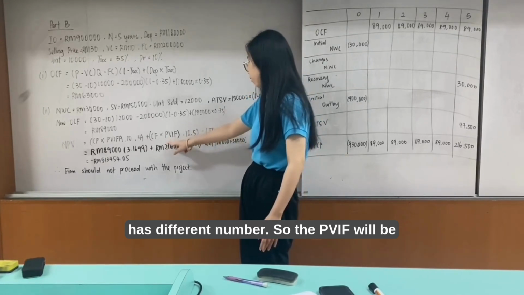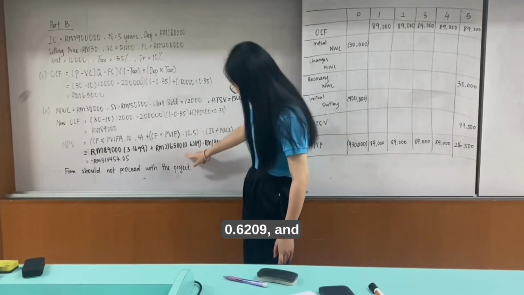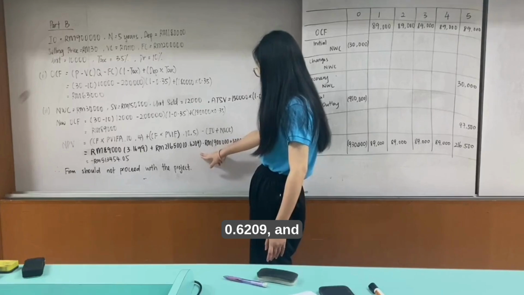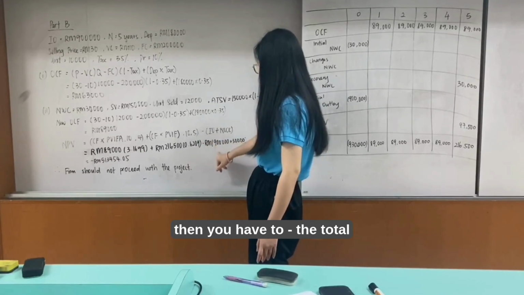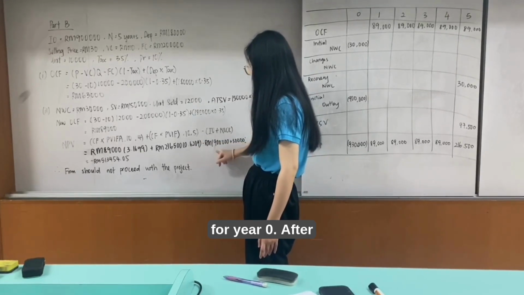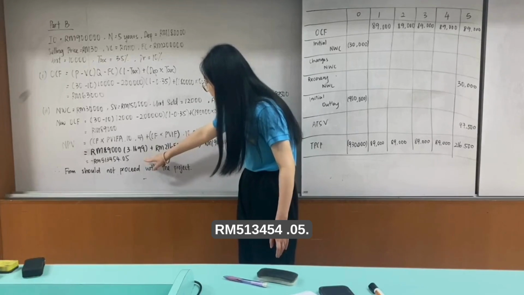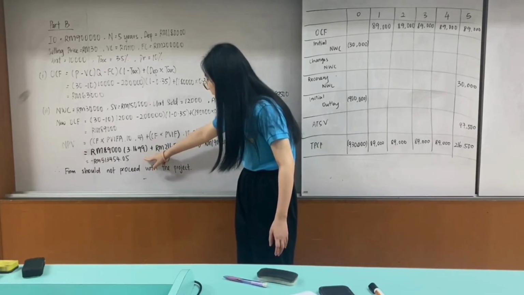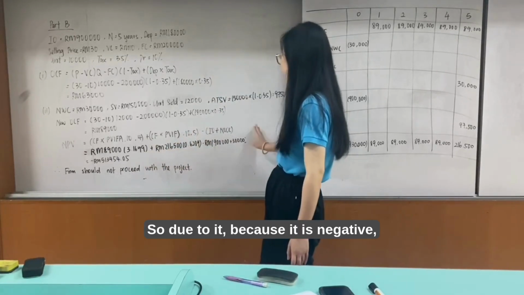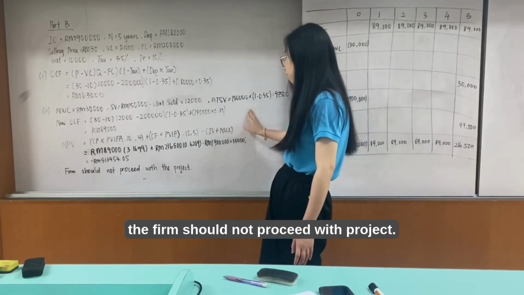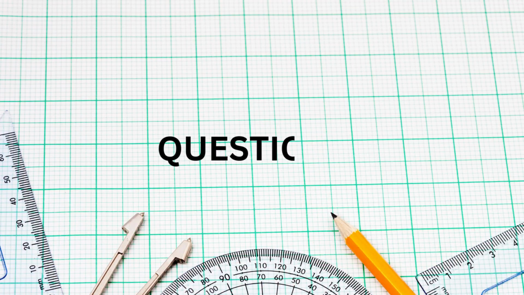The PVIF will be 0.6209, and then you minus the total for year 0. After that, you get negative 513,454.05. Because it is negative, the firm should not proceed with the project.